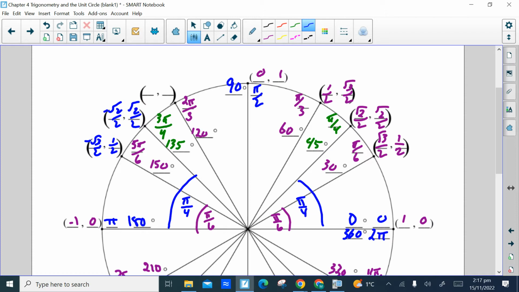And for 60 degrees, or pi on 3 radians, it'll correspond to 120 degrees, or 2 pi on 3 radians. They have the same denominator. They have the same reference angle of pi on 3 or 60 degrees. So the coordinates will be the same numbers. It's just that the x value is negative in that quadrant.